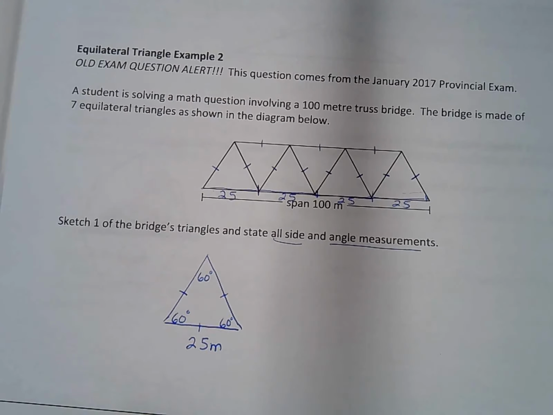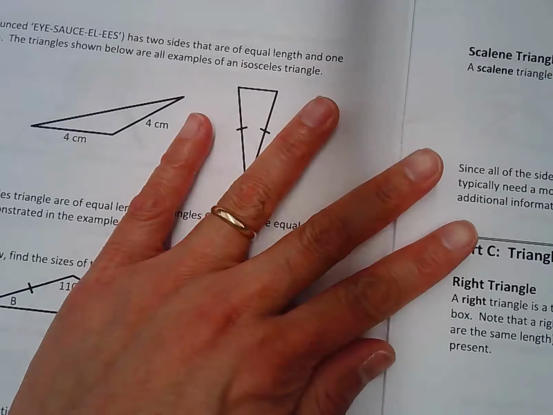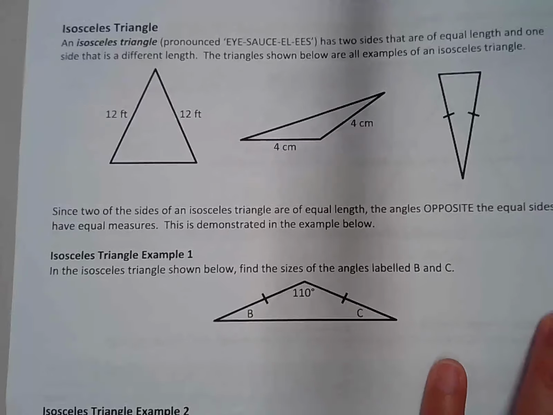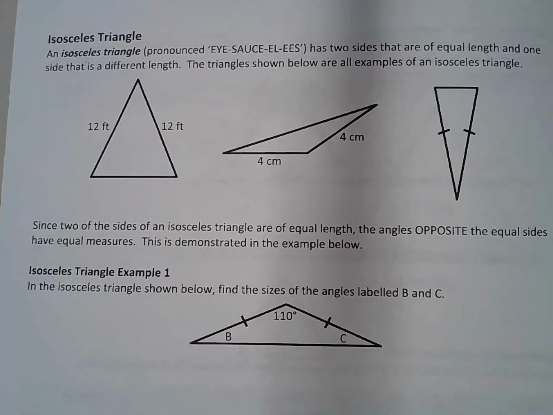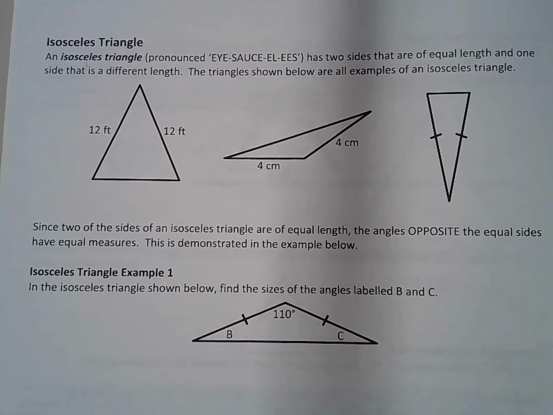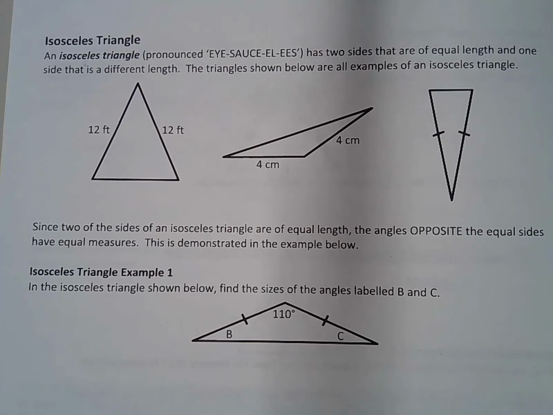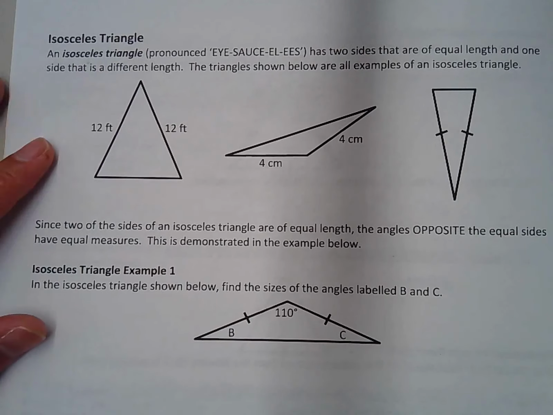Any questions there? So far so good? So we talked about a triangle that has 3 equal sides. Now there's another kind of triangle with a special name called isosceles.